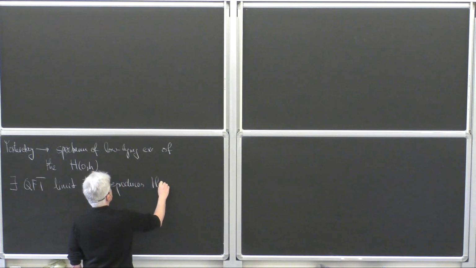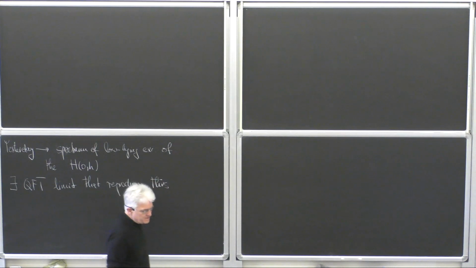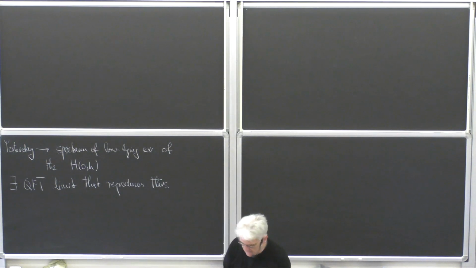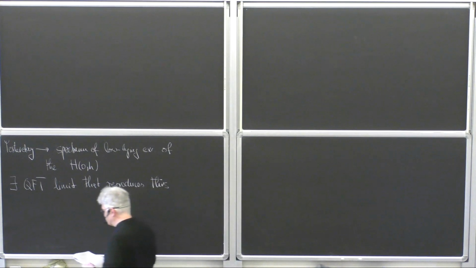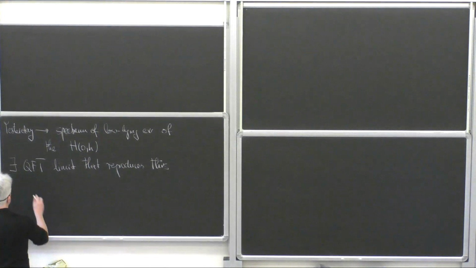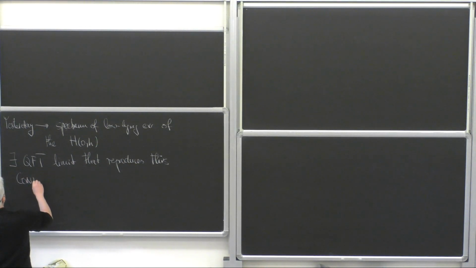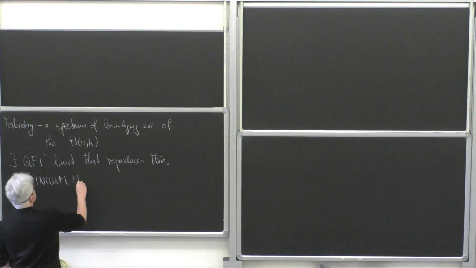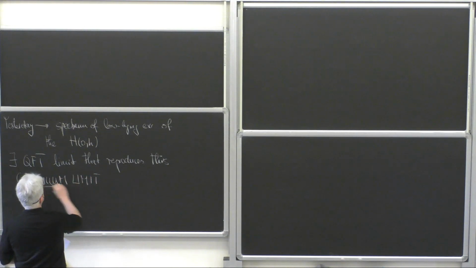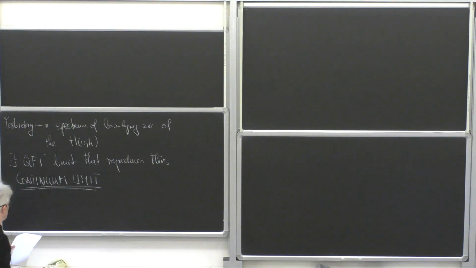And this QFT limit we will now derive by elementary means. That's a very simple calculation. So what we do is we take the continuum limit of the lattice model. And this procedure is very general.